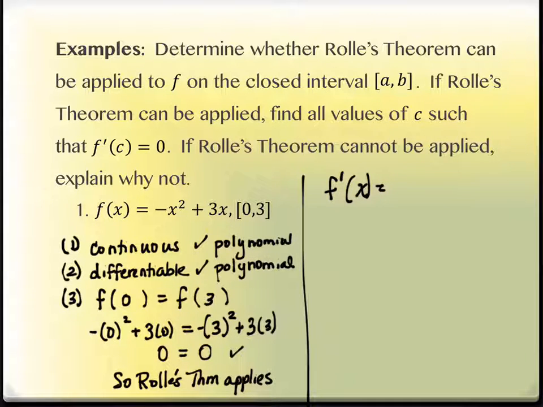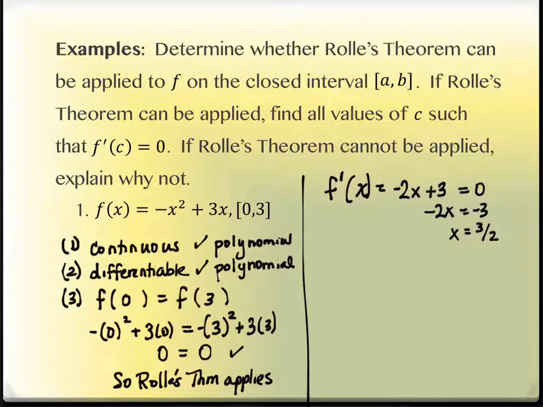So, what is the derivative of this function? Fantastic. And can I set that equal to 0 and solve it? Of course I can. What will I get? 3 over 2. Yep, 3 over 2. You guys got it.